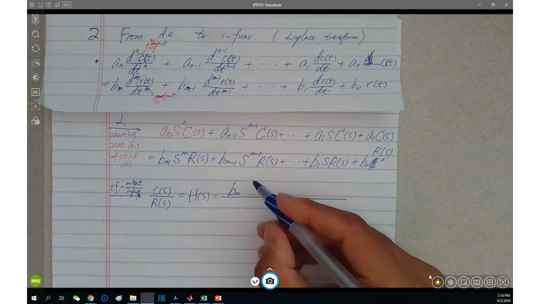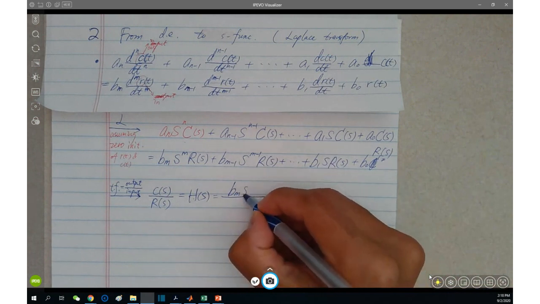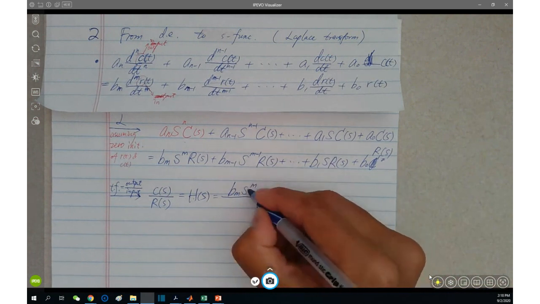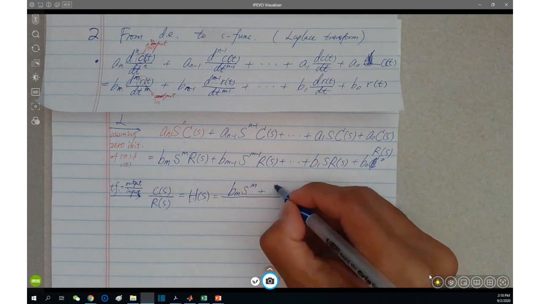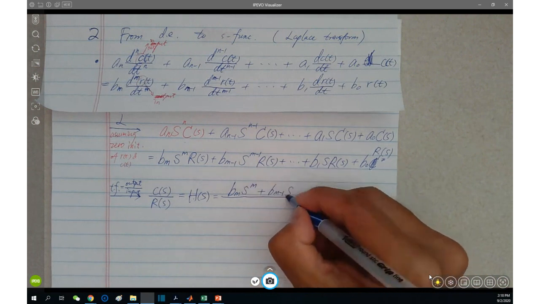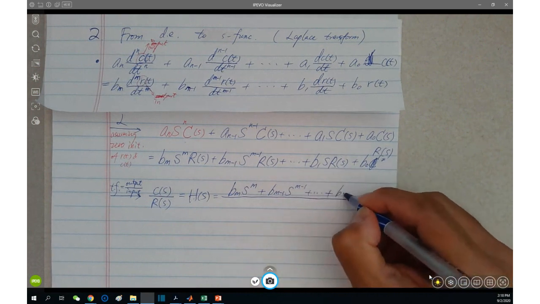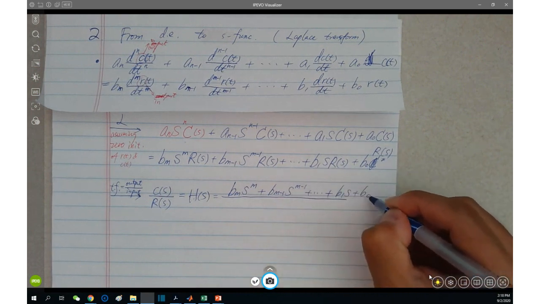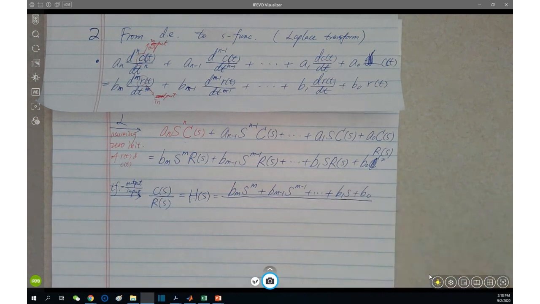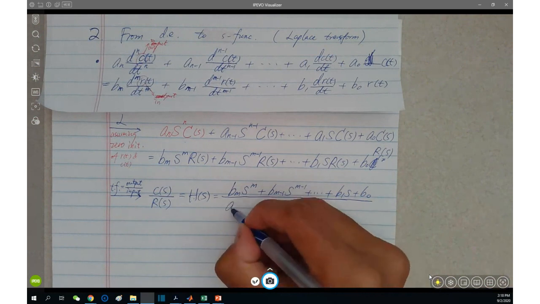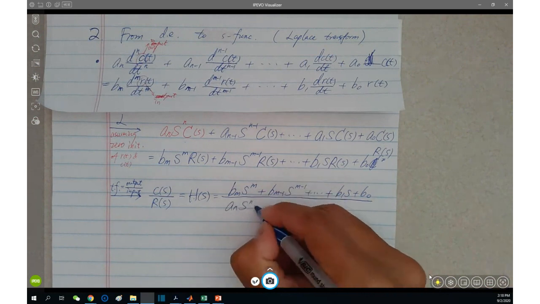So the numerator is supposed to be bm times s to the m, plus b m minus 1 times s to the m minus 1, plus etc., plus b0. So the numerator is actually in terms of the coefficients of r. The denominator polynomial is in terms of the coefficients of c. Does that make sense? So be very careful in the exam as well.